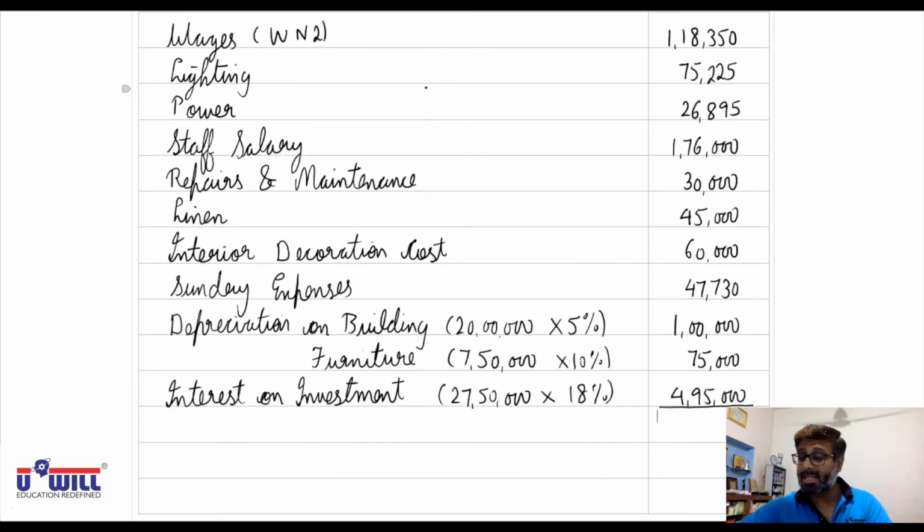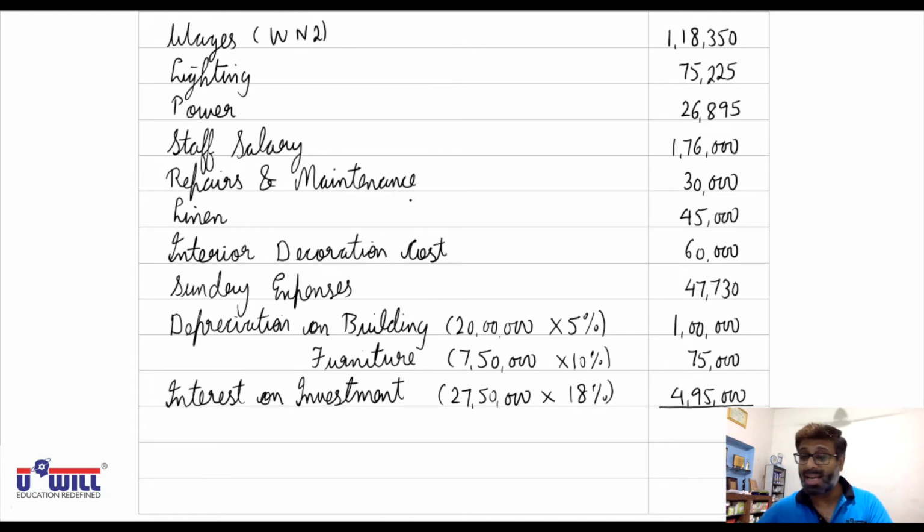Now we shall do the total of all the expenses. So 118,350 plus 75,225 plus 26895 plus 1,76,000 plus 30,000 plus 45,000 plus 60,000 plus 47,730 plus 1 lakh plus 75,000 plus 4,95,000.